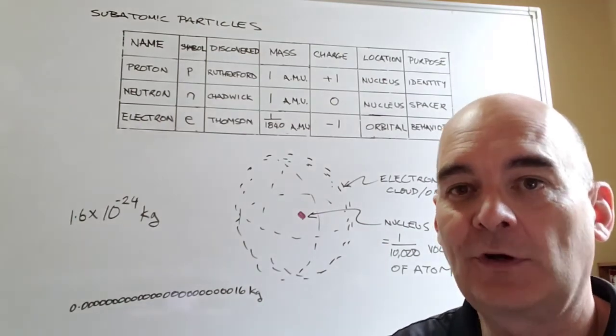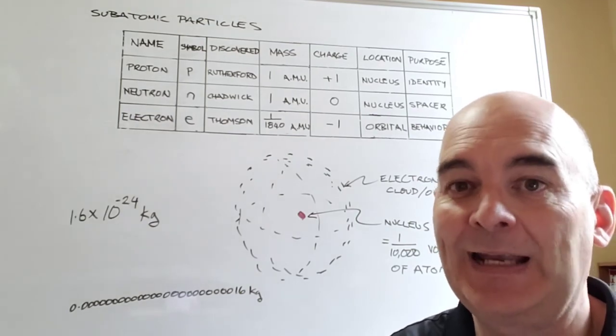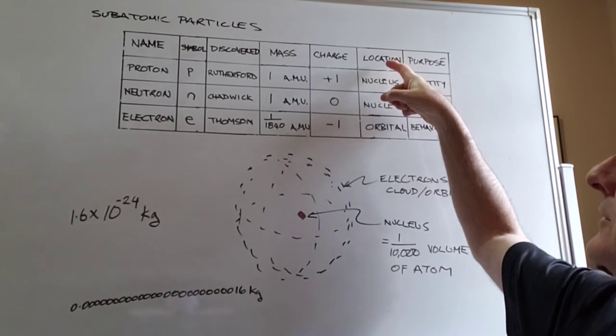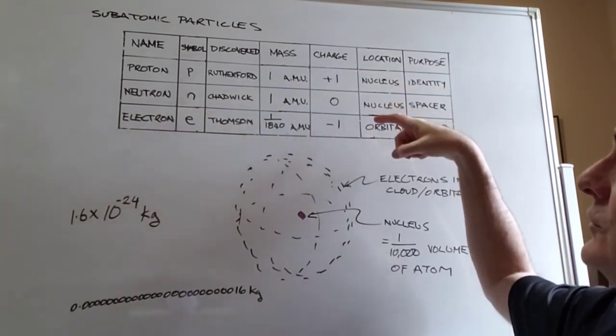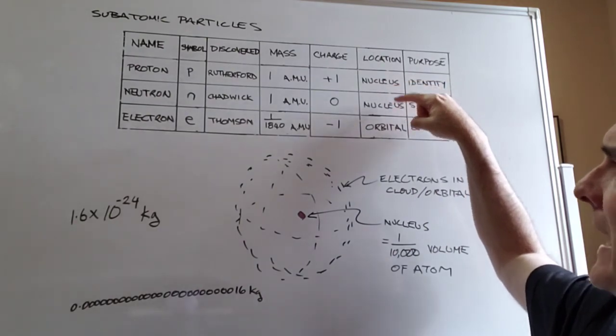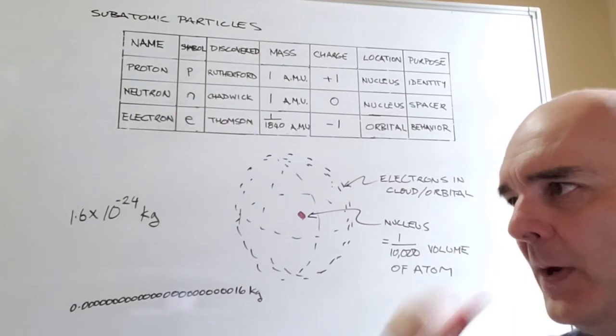The number of electrons must match the number of protons in an atom because atoms don't have a charge. And we found that protons and neutrons, these bigger particles, are both located in a place called the nucleus. The nucleus was discovered by Ernest Rutherford.